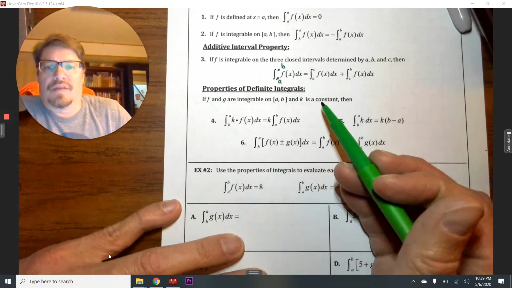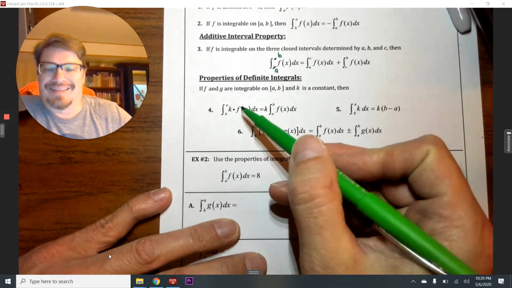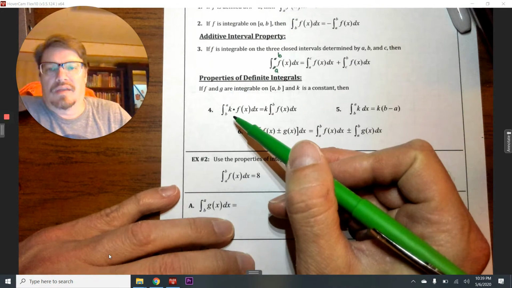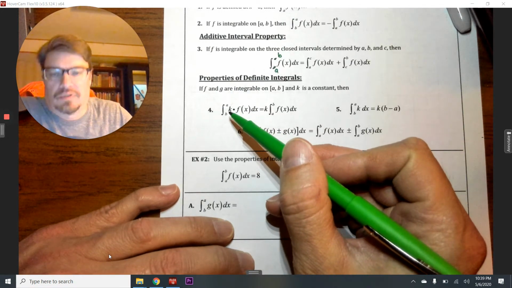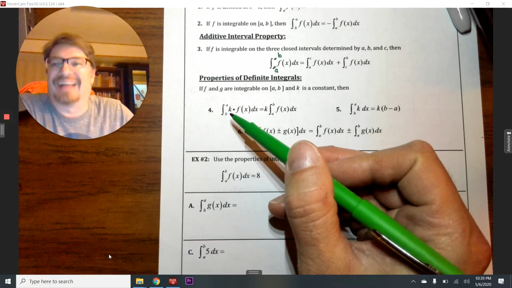Okay, properties of definite integrals. This is interesting because it says let's say I have some function that has a constant multiple, like 2 or 3.